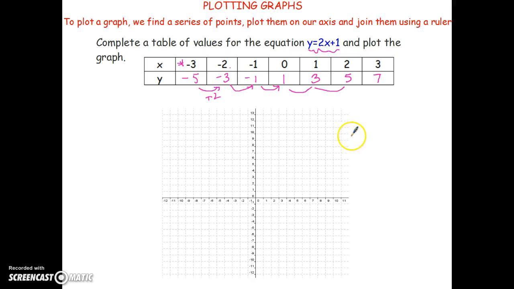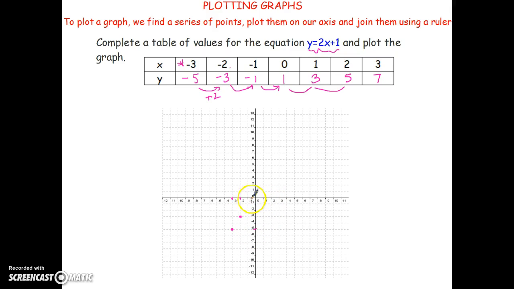Now to graph these points, we've just got to go down here and put all of these coordinates one by one on. So minus 3 on the x, minus 5 on the y, and they join up here. Minus 2 is the next point, and its y value from the table we can see is minus 3.